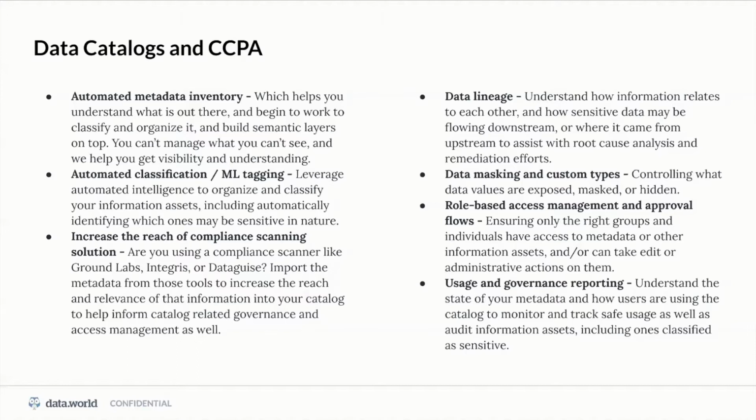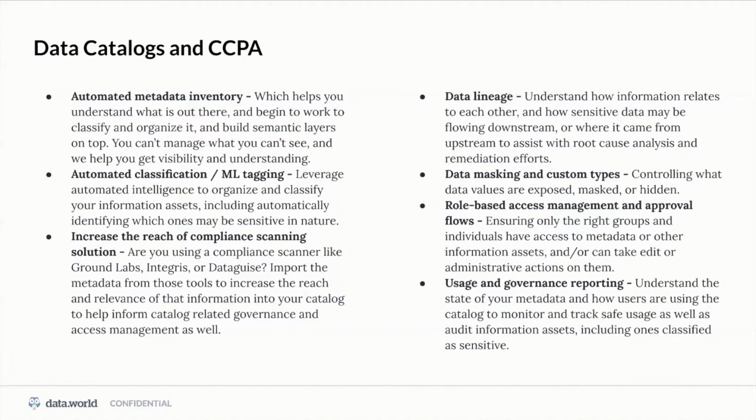If you're investing in a compliance scanning solution, which we definitely recommend at Data.World, how do you extend its utility? We think those types of solutions can be well integrated with a cataloging and governance solution for a really deep and broad approach to managing your metadata and where data lives and how it travels.